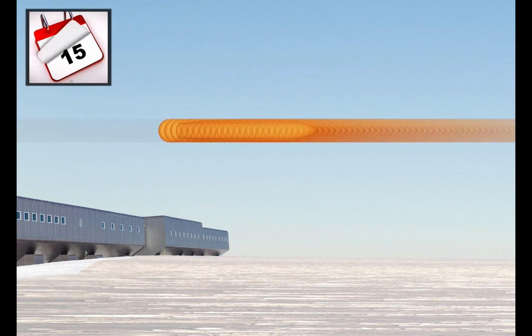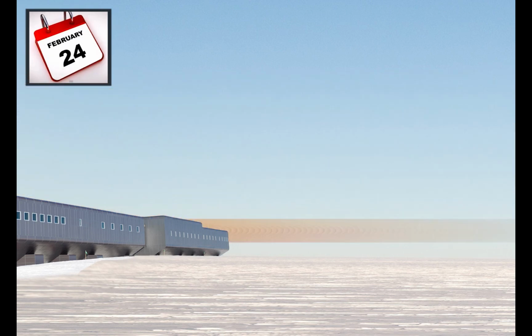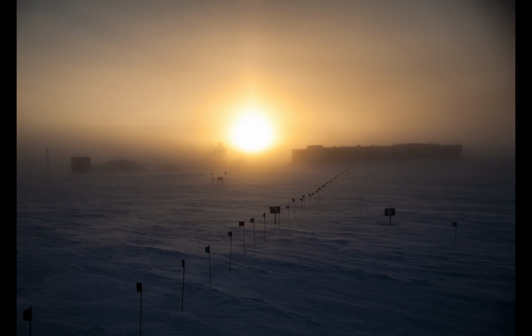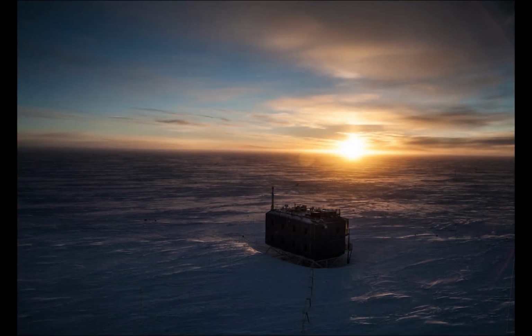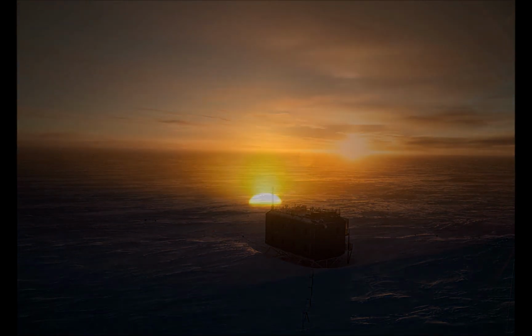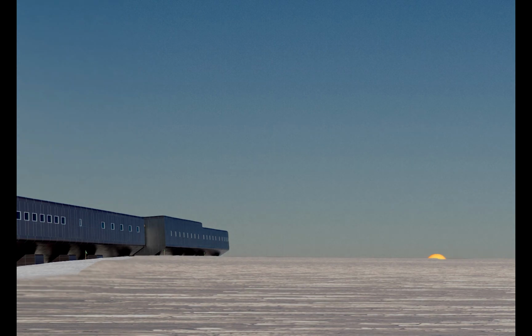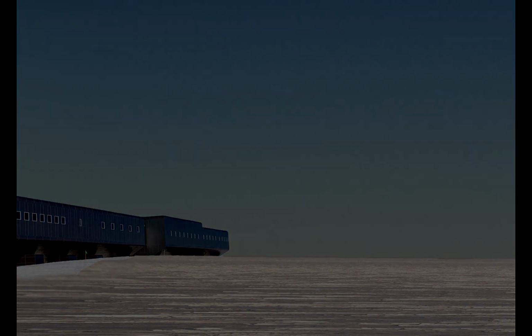As the Earth orbits around the Sun, the two equinoxes mark sunrise and sunset at the poles. When the sun finally sets after 6 months of day, 6 long, cold months of night begin.